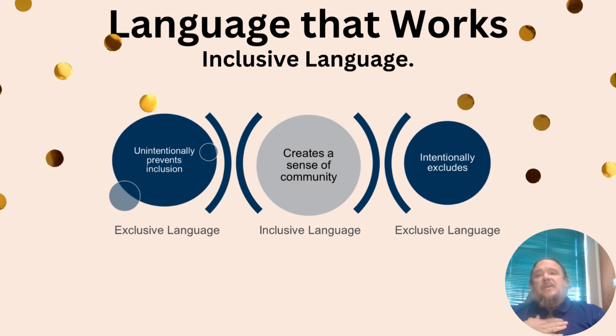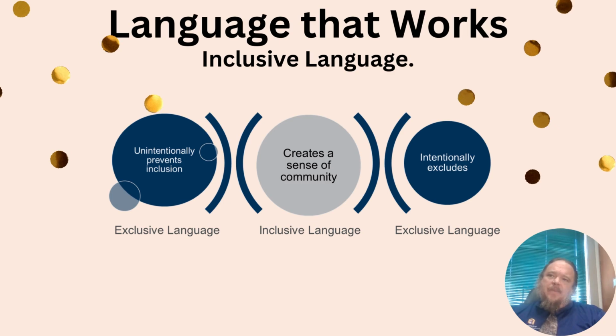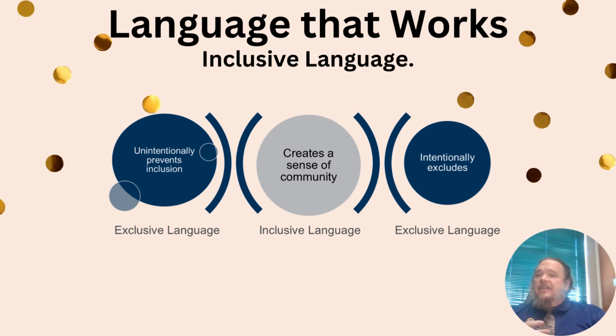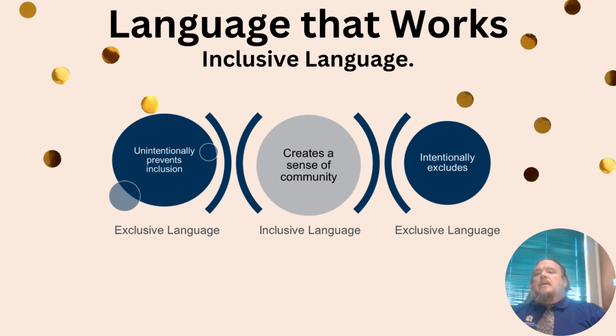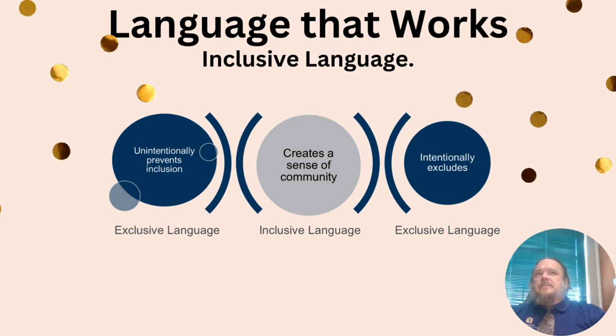A lot of times, though, when we use language that's not inclusive, we didn't even realize we were doing that. We're using language that makes certain people feel like they can't be part of our community because we have disenfranchised them in some way. I remember the first person I ever met who was in a heterosexual marital relationship and referred to the other person as his partner was John Warren.